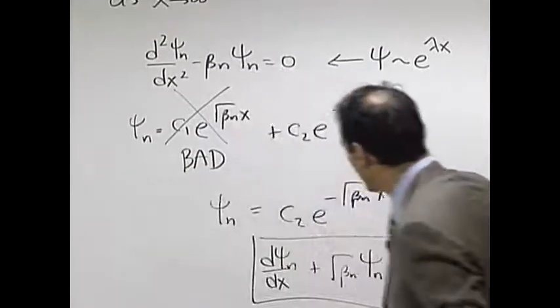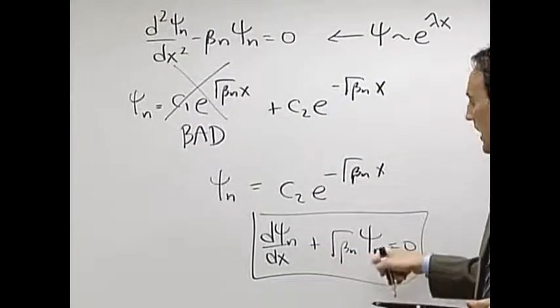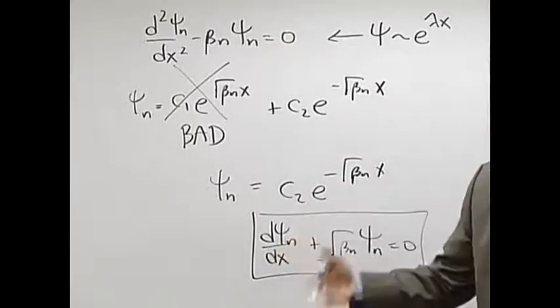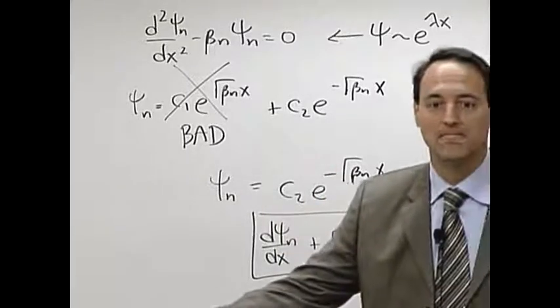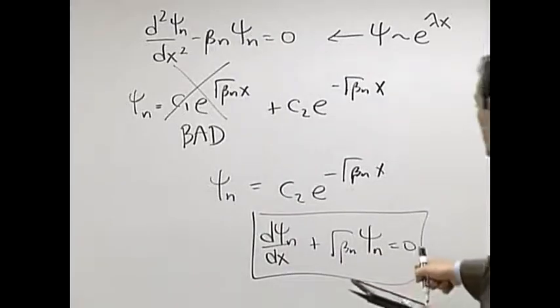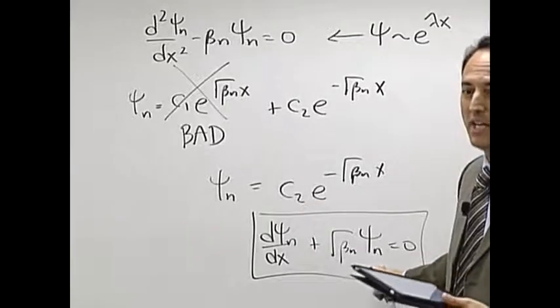The most important thing to observe about this is that there's now a relationship between, as I go to infinity, the function and its derivative. This is going to be my boundary condition. Okay? In particular, remember, I'm not really going to go to infinity. I'm going to go to this thing called L, which is big.